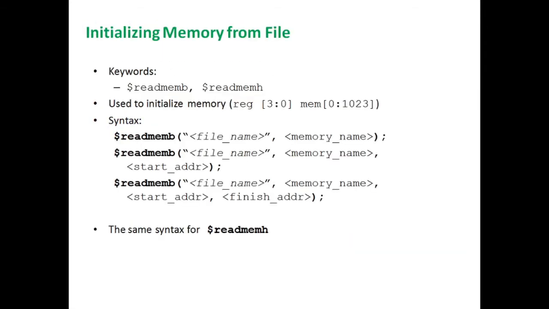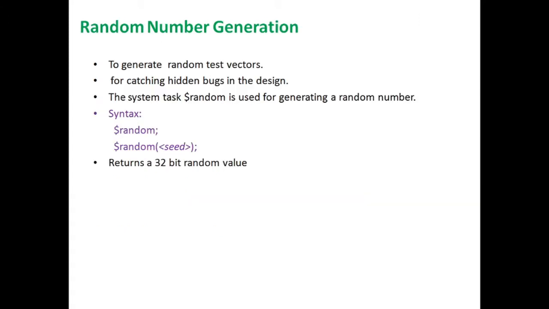Next one is random number generation. So what is the purpose of random number generation here? Random numbers are generally used for generating a set of test vectors.